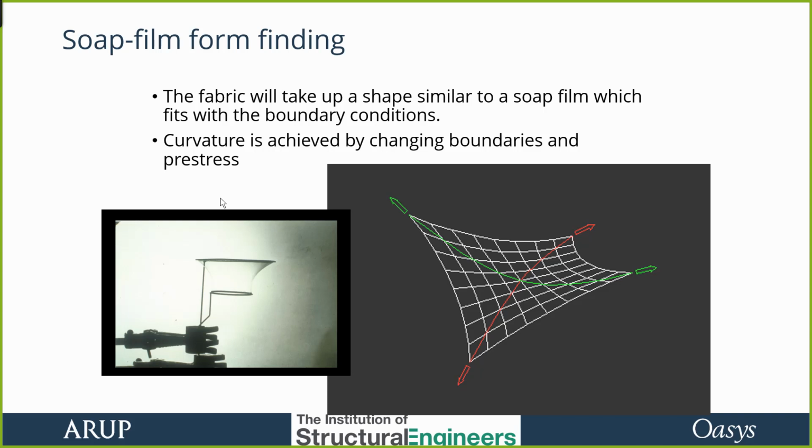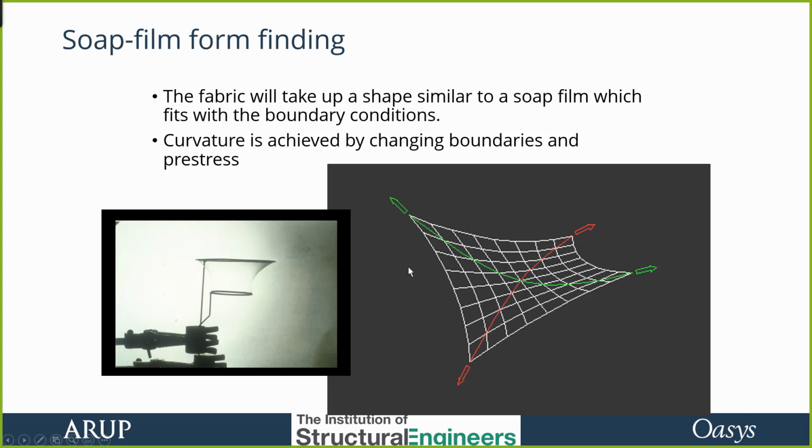Or there's a method called force density, which is similar, not quite so accurate, a lot quicker, tends to be favoured by the architects because it's close enough for them. But soap film, a little bit closer for us as engineers. And the edge can be a solid ring, like in the photograph there, or it can be a cable edge.